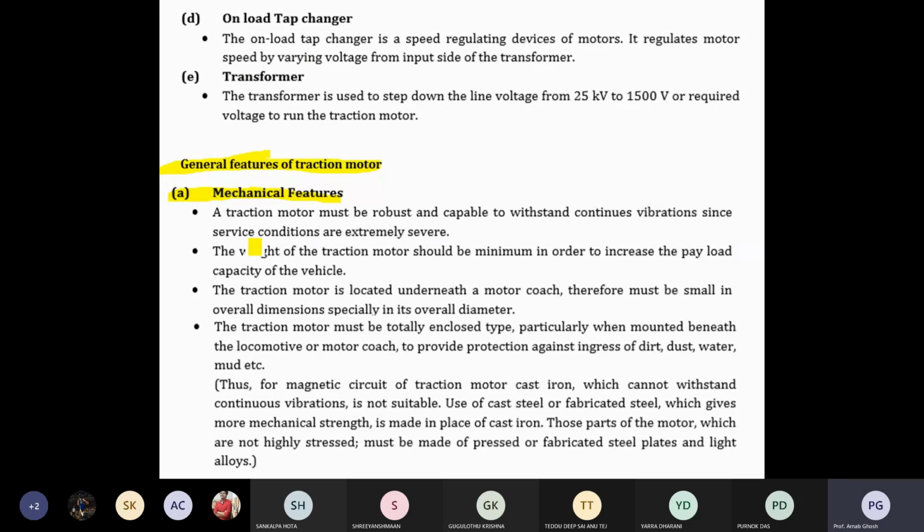So what are the important features from the mechanical point of view? First, the traction motor must be very robust.